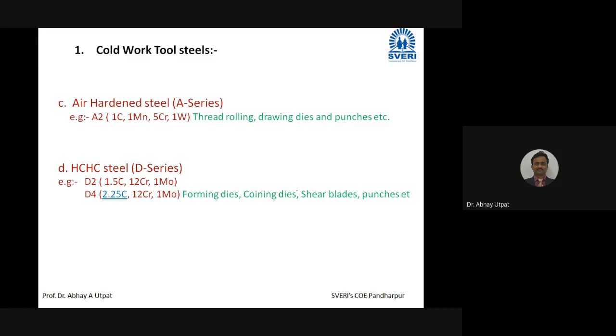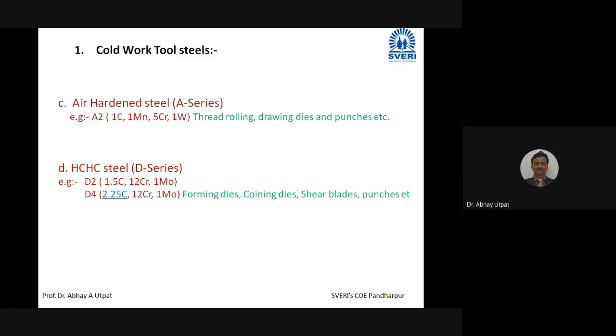Coining dies, shear blades, punches. You have seen how hard the dies should be. Forming dies, coining dies, shear blades and punches require very high hardness. That's why high carbon and high chromium, which will give the highest hardness.